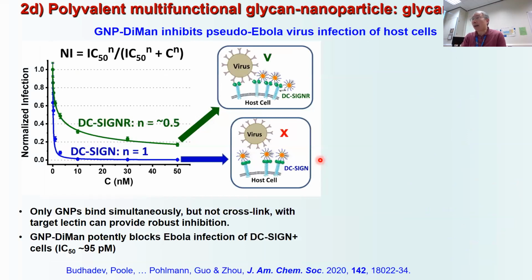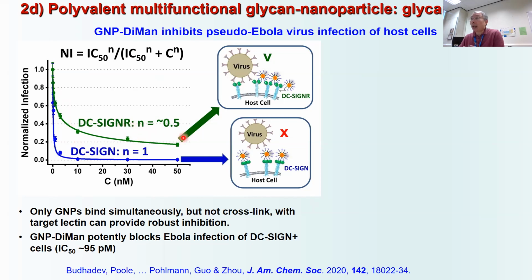We have further compared their binding with their ability to inhibit viral infections. We found these particles are very effective at blocking DC-SIGN mediated infections. In that case, the inhibition curve decays very rapidly, fitting this equation where n equals 1.